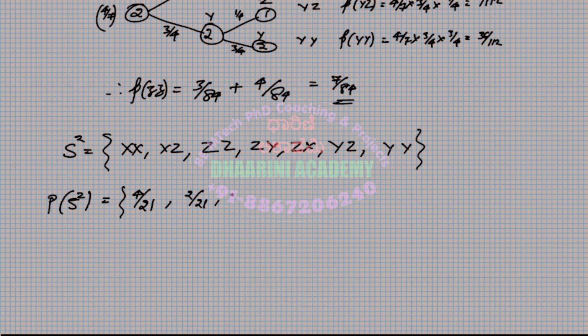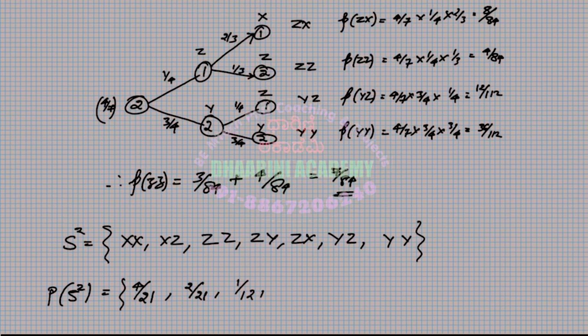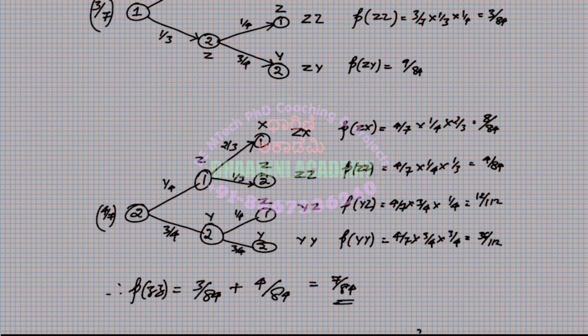Then zz, just now we have calculated, that is 7 divided by 84, 7 itself cancels, so 1 divided by 12, okay? Then we have zx, 8 by 84. Is it zx or xz?